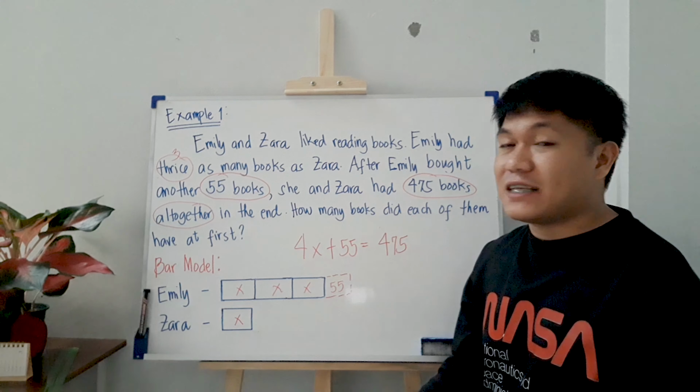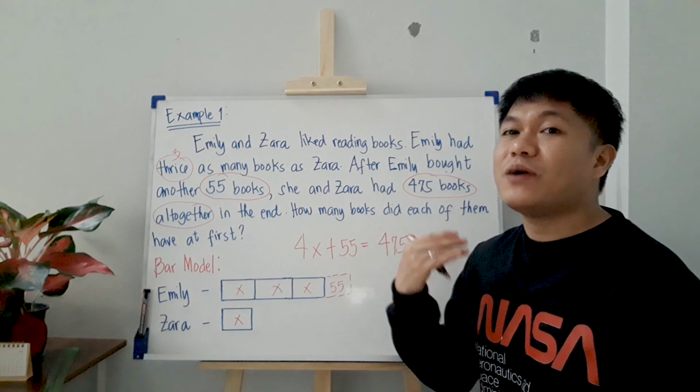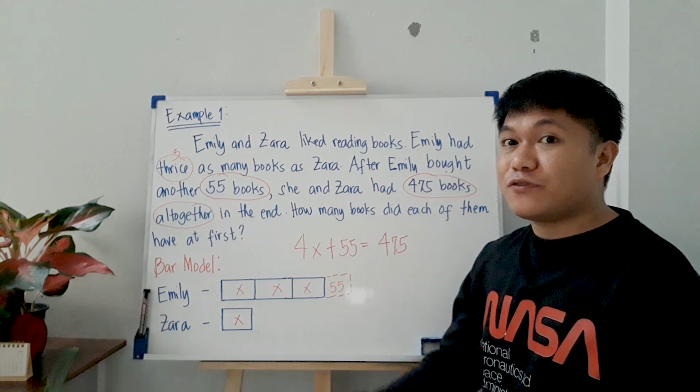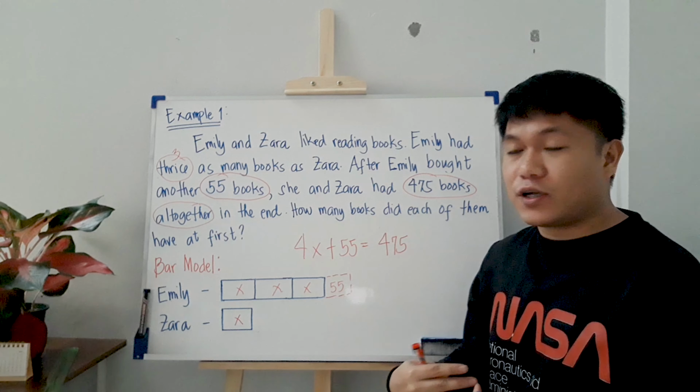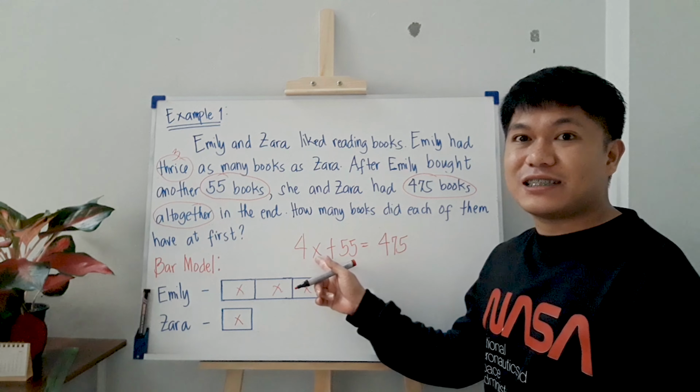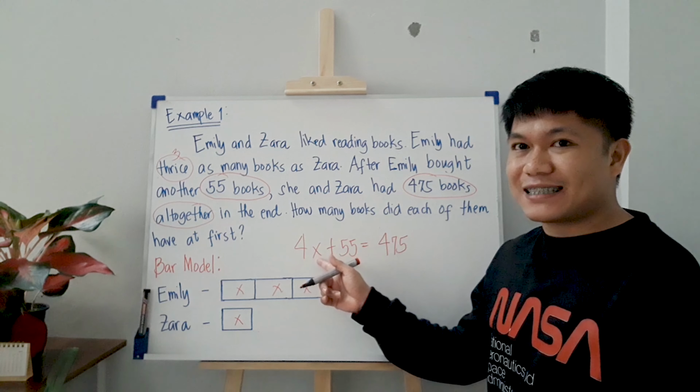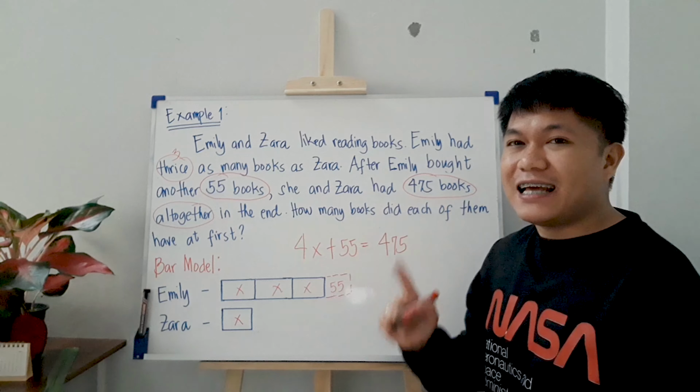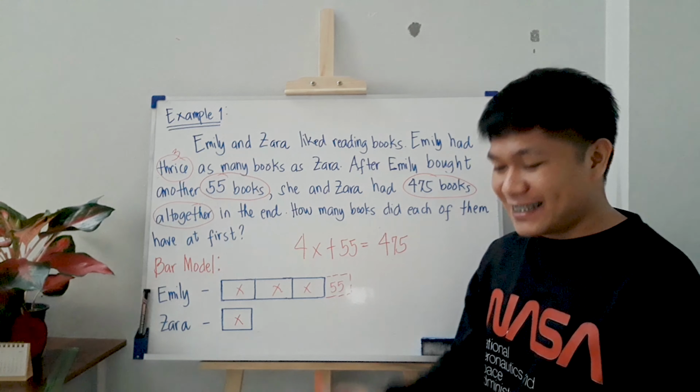Okay, since we already have this mathematical equation, we can now solve for the number of books each of them had at first by solving first for the variable x, or the value of x. Let's proceed now to our solution.